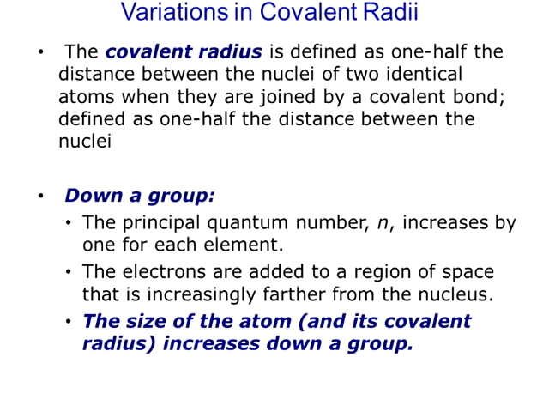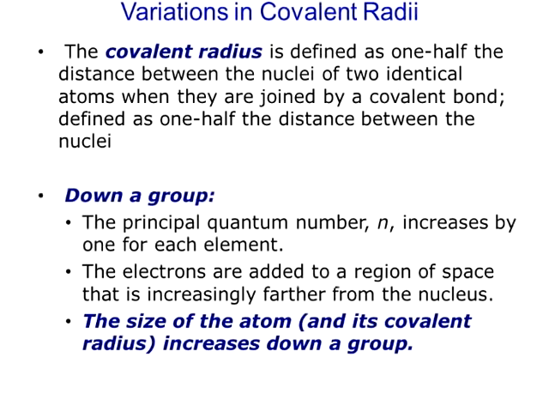Down a group, the principal quantum number n increases, 1 through 7. Okay? You want to be aware of that. So, the principal quantum number n increases by 1 for each element. So, if you know the element and you go down, you count 1, 2, 3, 4, 5, 6, 7.